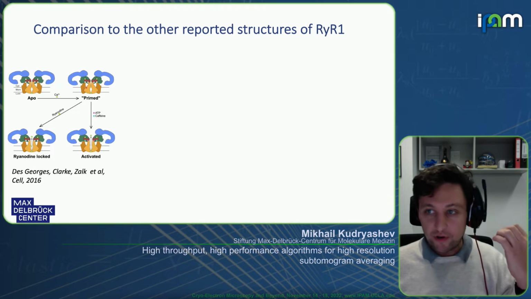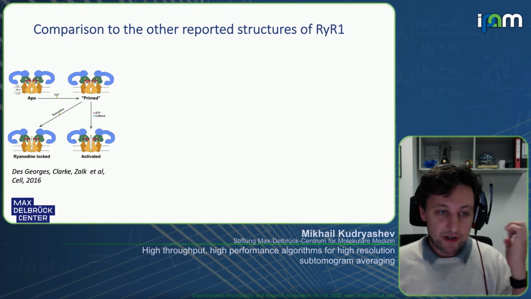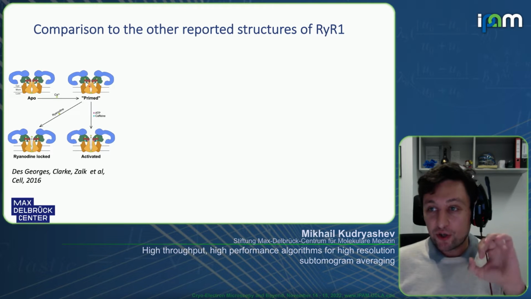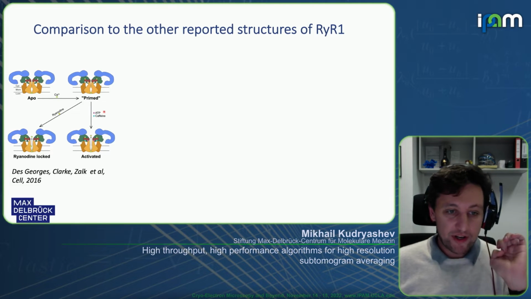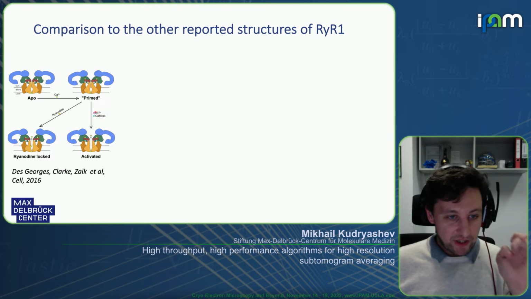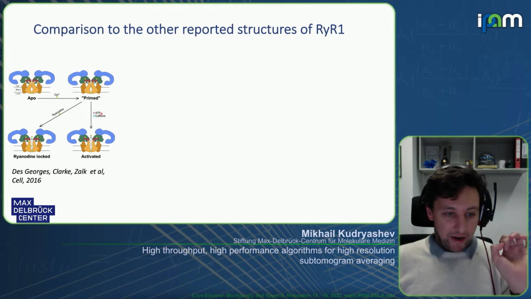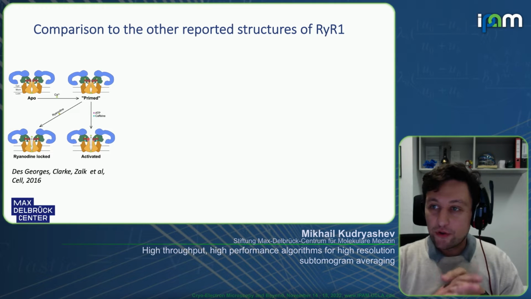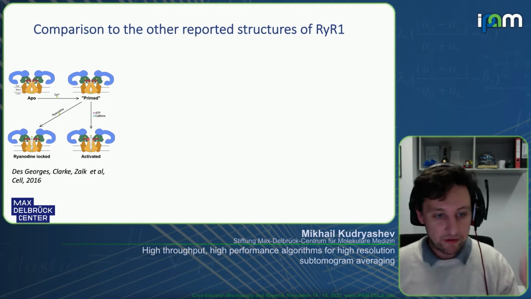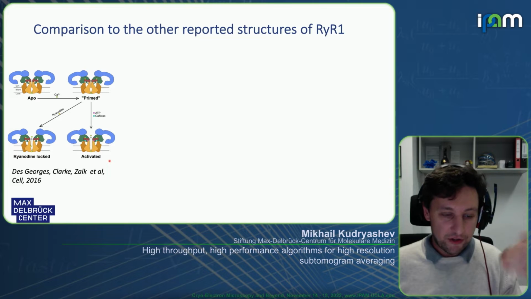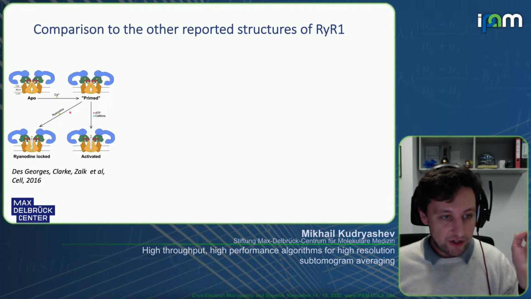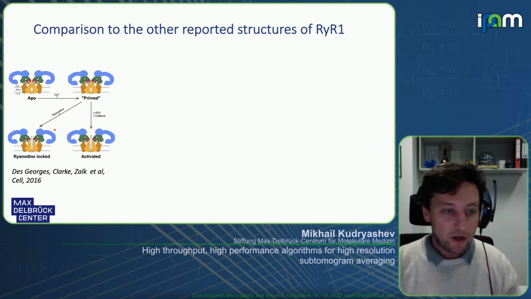It comes in and binds to the calcium binding domain, and it primes the receptor to go into the so-called primed state. It's not yet open, but it's ready to open when another physiological ligand, ATP, binds, and then the pore opens and calcium can go through. At some point, the receptor gets deactivated, and the whole cycle continues. And then ryanodine locks the receptor in the open state.